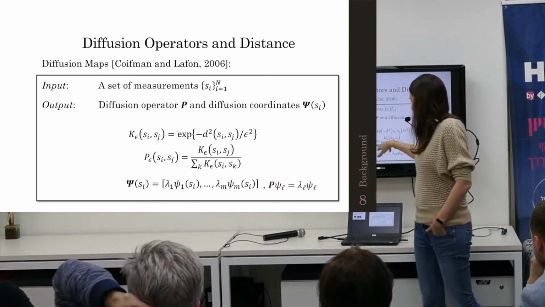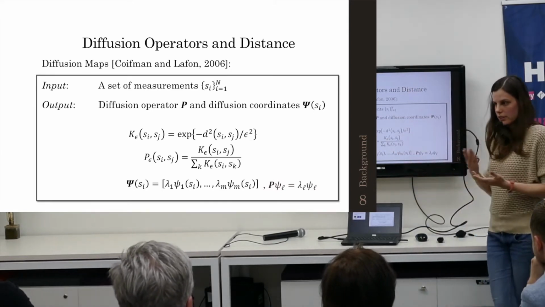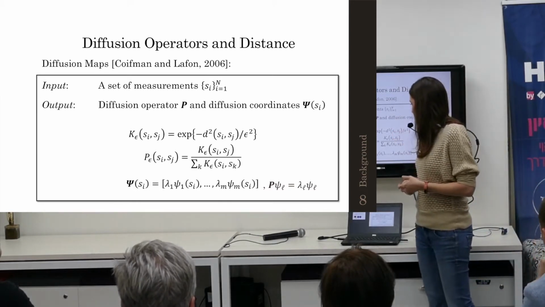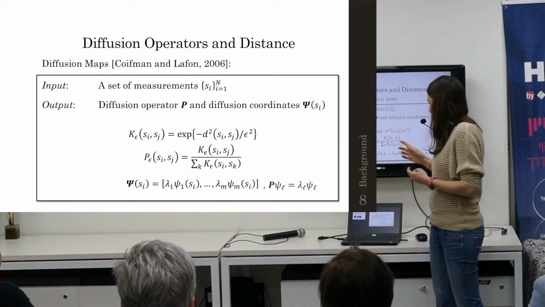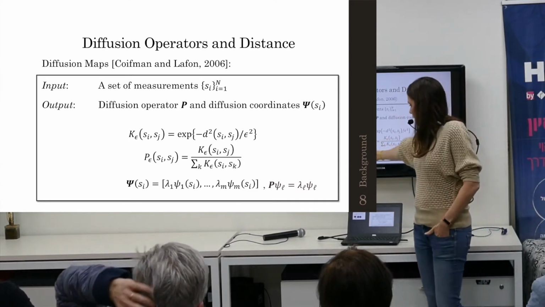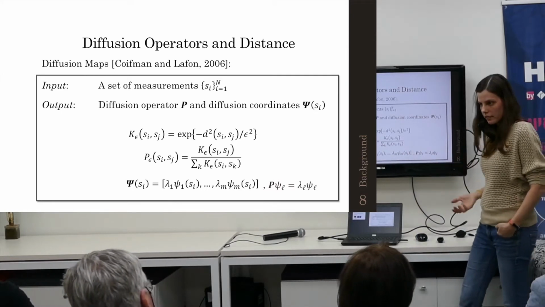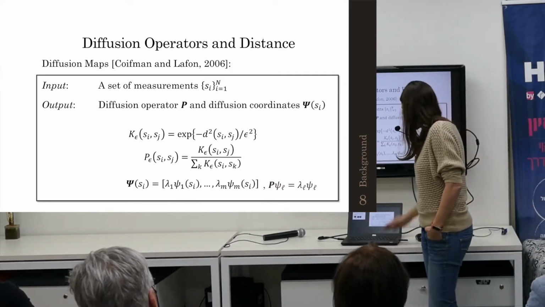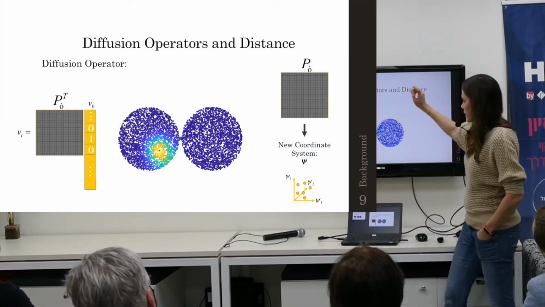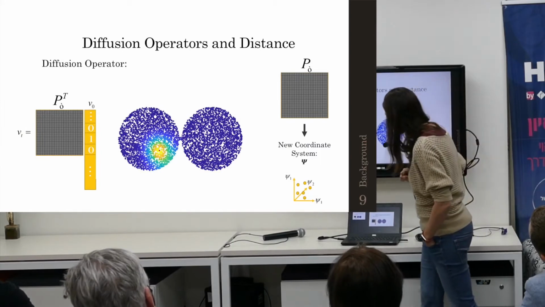When we do this, we can view this matrix as a Markovian matrix, a matrix that describes the transition probabilities of a Markov process, which I'll address shortly. From this matrix, we can obtain a new representation by taking its eigenvectors and eigenvalues. I'll first talk about the diffusion operator, and then I'll talk about the representation.